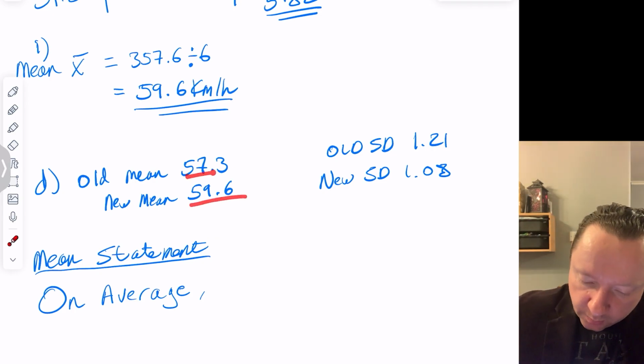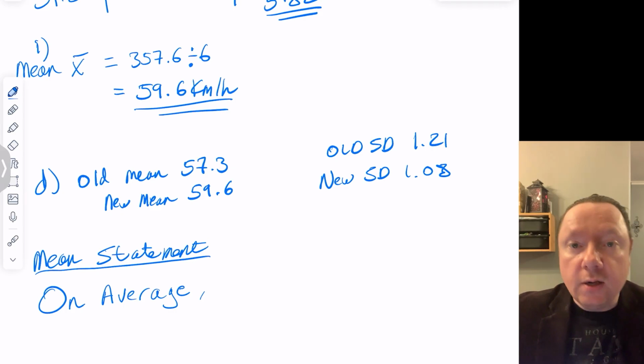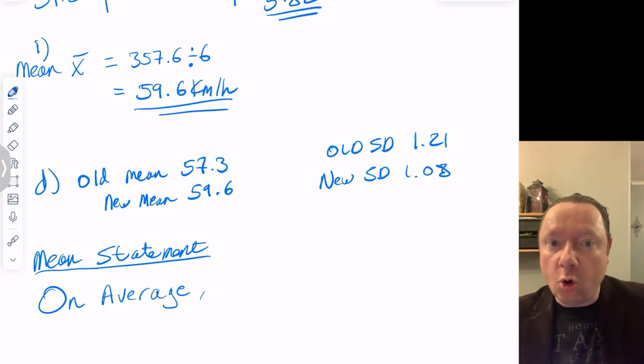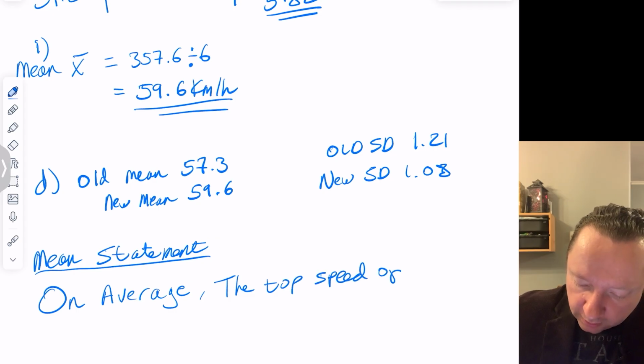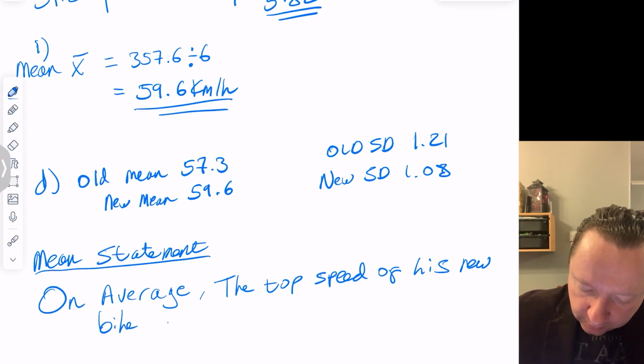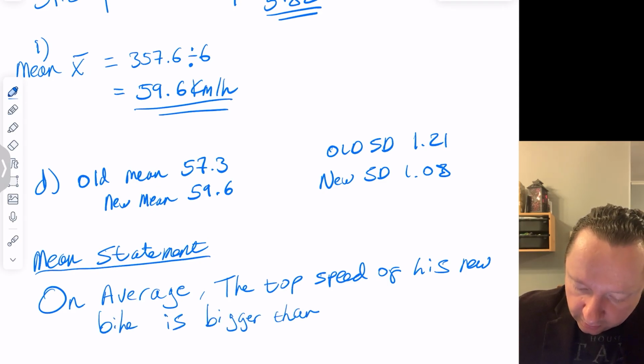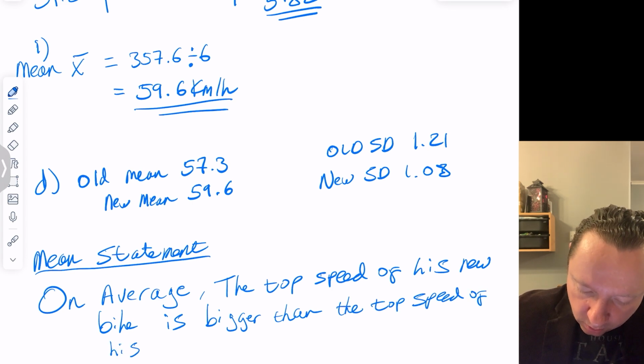This one is bigger than that one. So on average, now we need to do it in context. This was like a top speed of his bike. So on average, the top speed of his new bike is bigger than the top speed of his old bike.